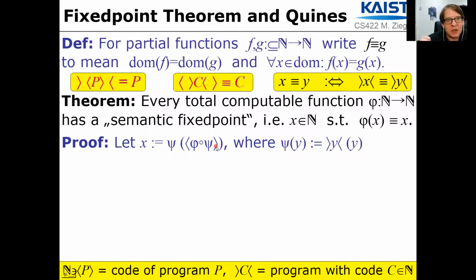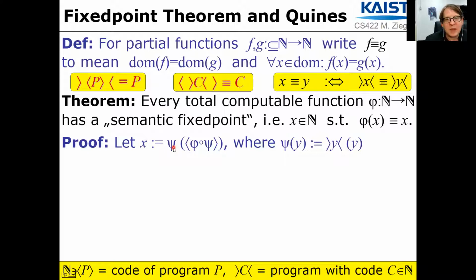Okay, and remember, keep that in mind. Let me say it again. This is a program which means execute phi after psi on the code of phi after psi, because here it means encode and here it means decode, so that this evaluates to simply phi after psi, and this evaluates to the code of phi after psi.